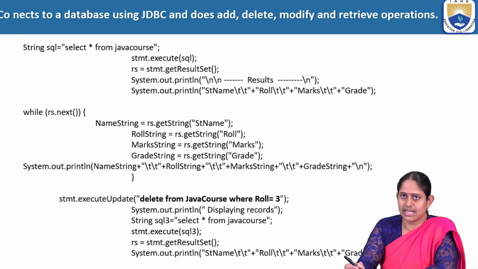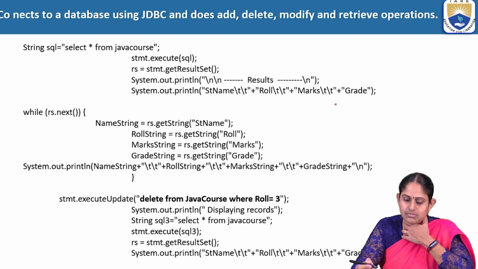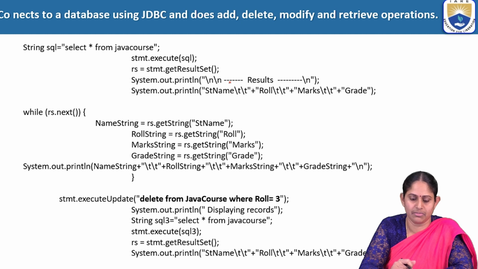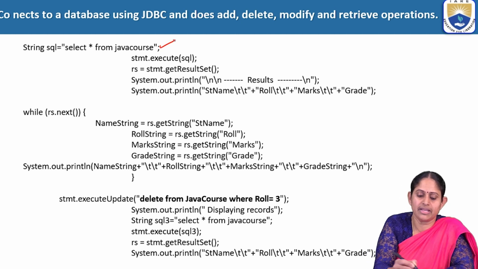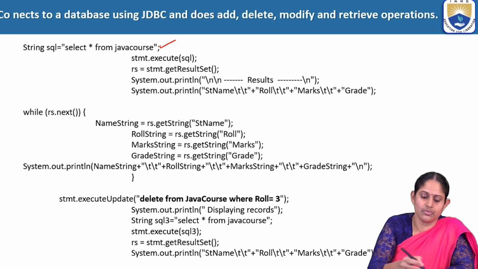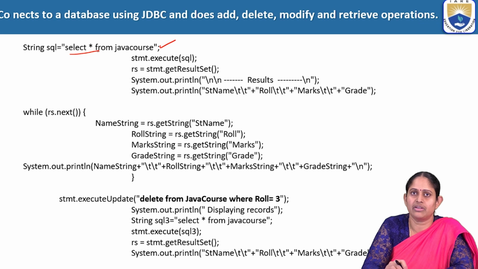When we display that, it is the same as what we have done before. We have to display all the contents of the table Java course. So we execute the select query to perform the retrieve operation.